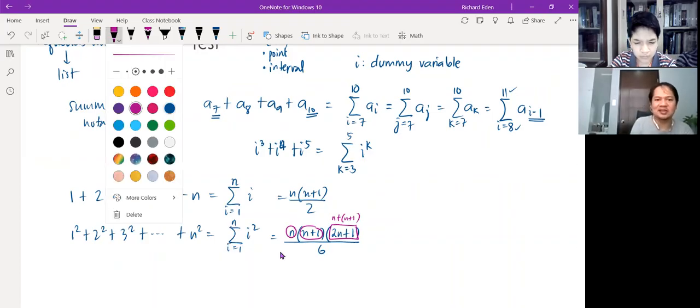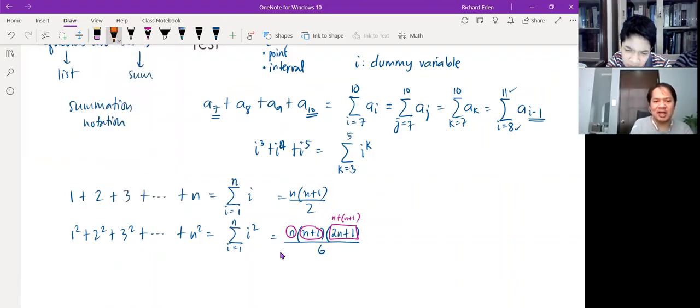So in practice, I mean, for the longest time, I had a difficult time remembering this. But what I would do was the following. So say I had to add 1 squared plus 2 squared plus dot dot dot plus 20 squared. So it would be 20 times 21.